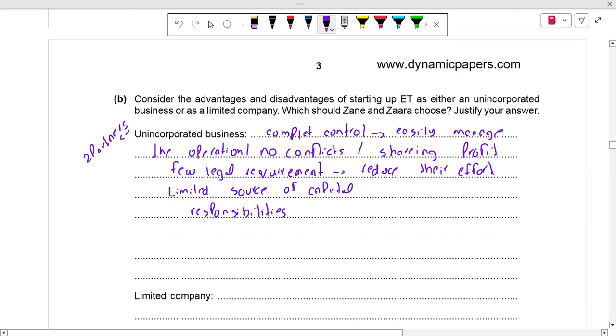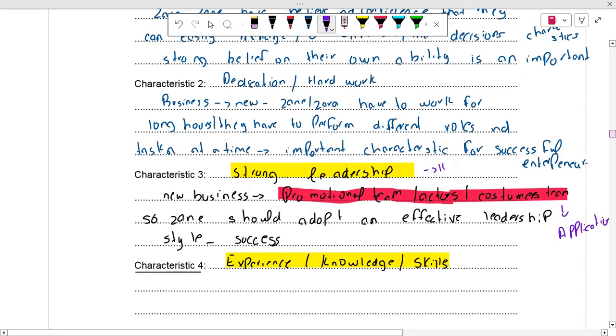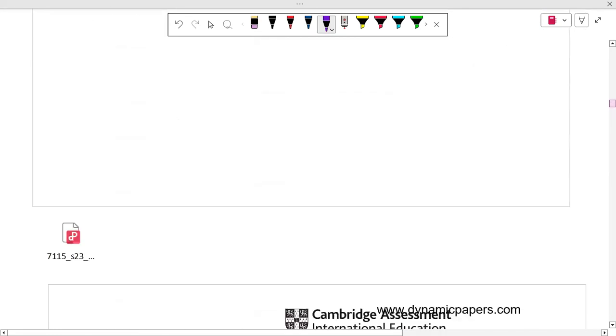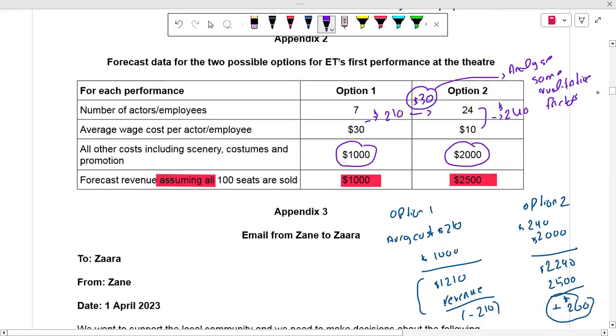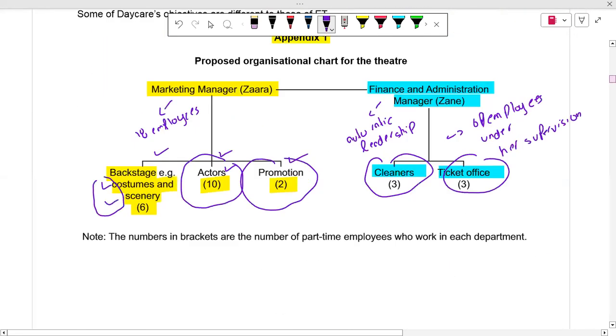As you can see in the appendix, Maggie has cleaners and a ticket office. So if Maggie did something wrong, or maybe she is not good enough at arranging finances and administration, it means that Zara will be affected by this also, because the disadvantage will be faced by the business.